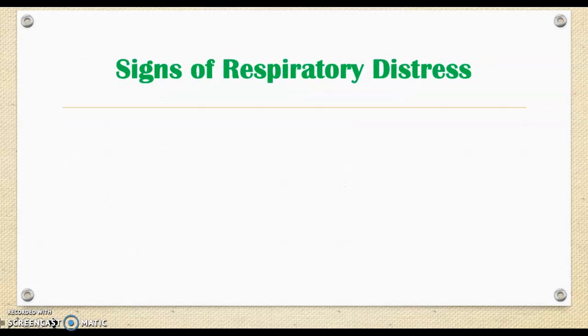Okay, so let's talk about how you recognize respiratory distress. I've seen on your ATI questions about how to recognize whether or not your assessments of newborns are normal findings or not. So a lot of this lecture is about the normal findings, and then I go over some respiratory distress, some abnormal findings.